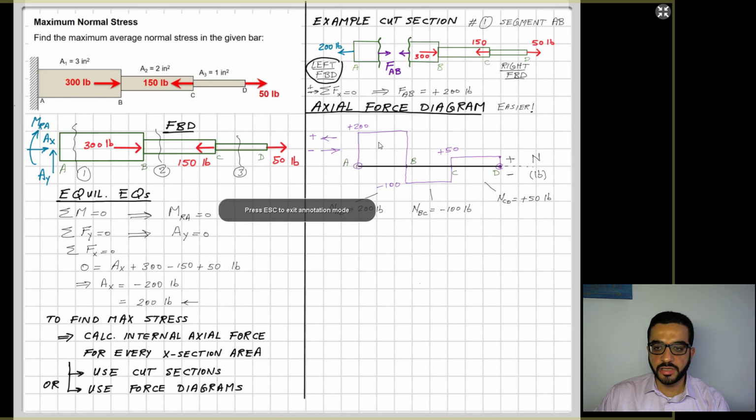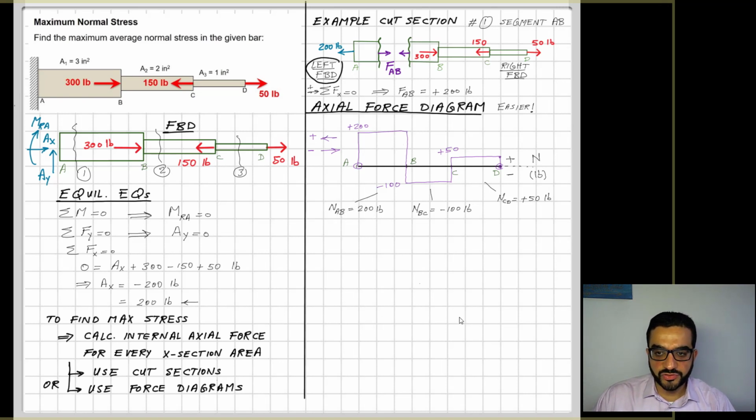This member, AB, has the largest internal force, but it also has the largest cross section. So I have to calculate the internal normal stress sigma for each segment and then compare them at the end.